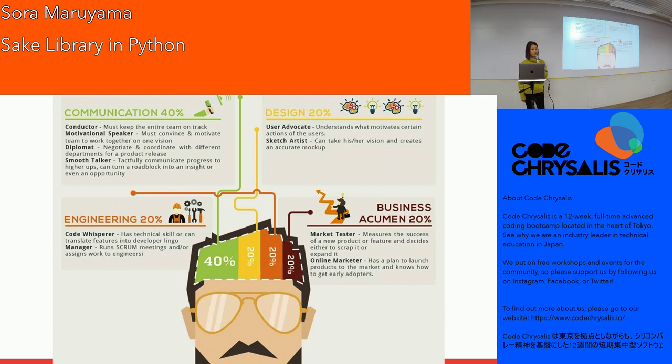I am a product manager working in an advertising company, and this image represents the mind of a product manager. As you can see, communication is 40%, and I spend lots of time communicating with people. My job is to talk to the business users, hear about business needs, and convert a very unclear idea into very clear decision making.